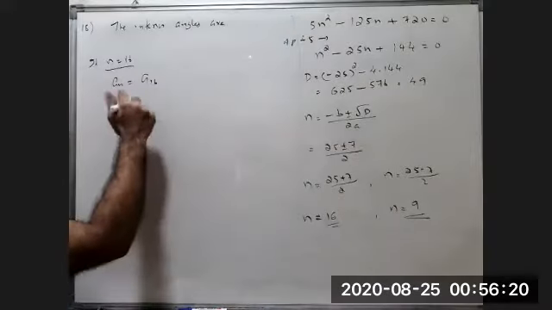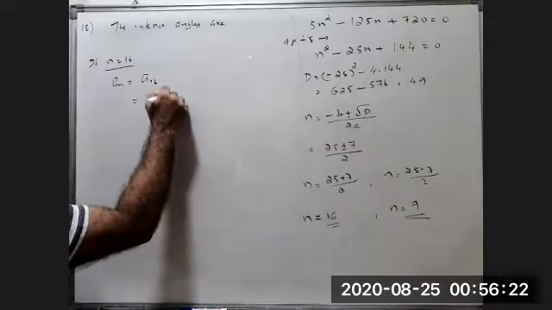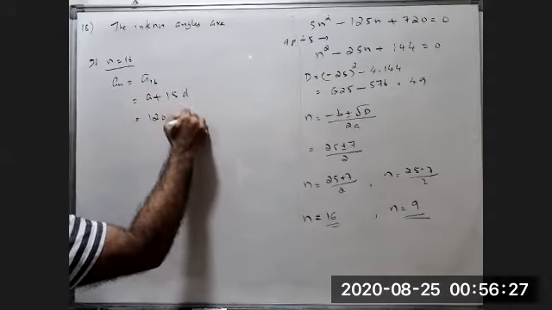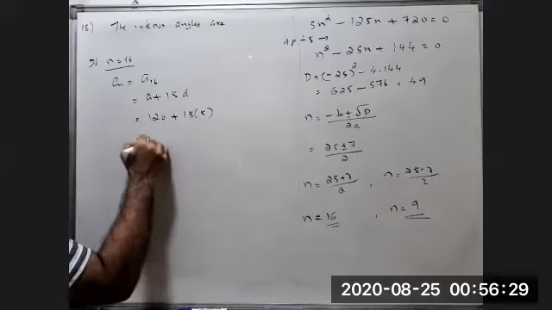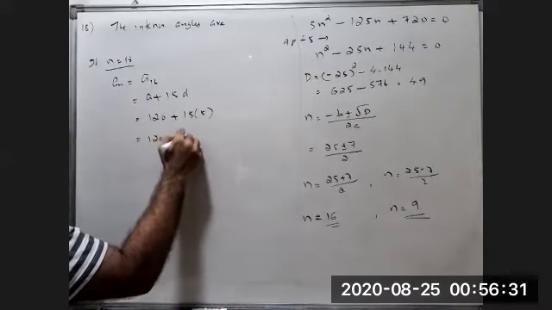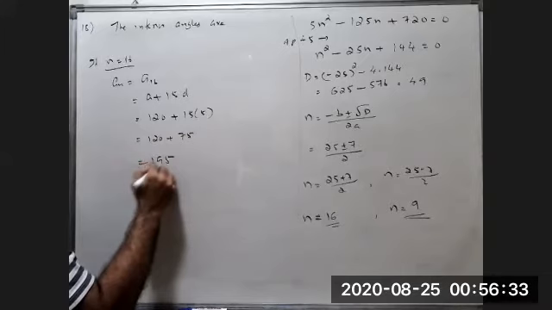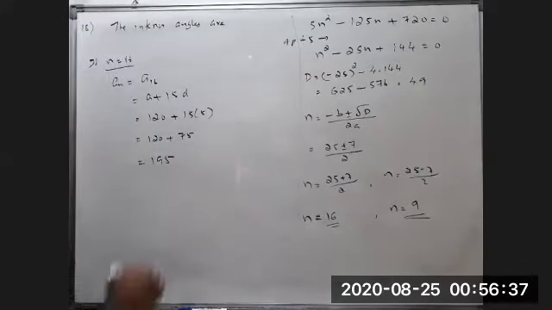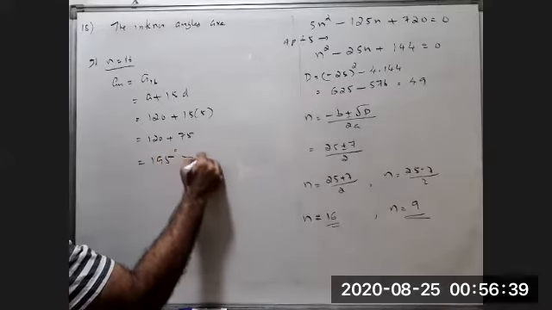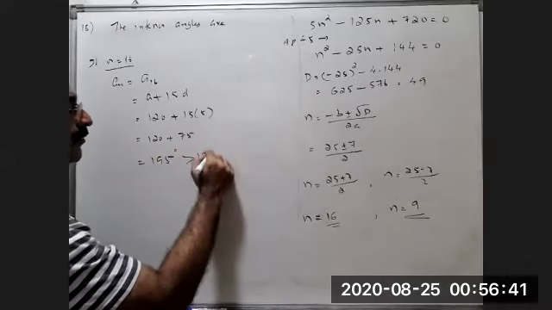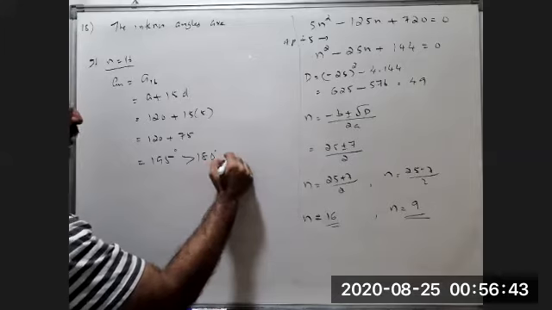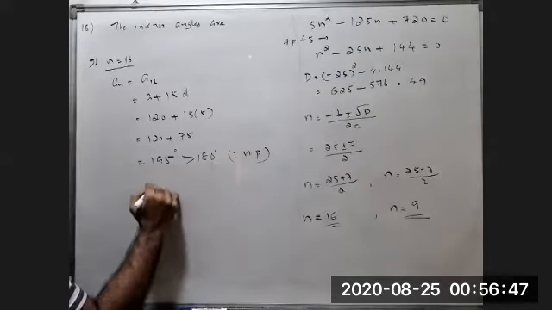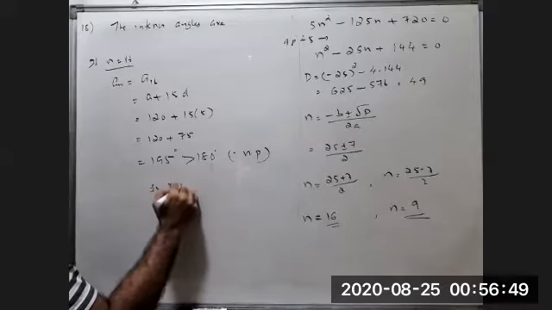So we'll say the last angle is a plus 15d, 120 plus 15 into 5, 120 plus 75, 195. Interior angle 195 degrees, that is greater than 180. Therefore, not possible. So it is rejected.